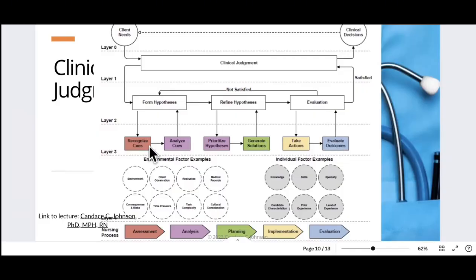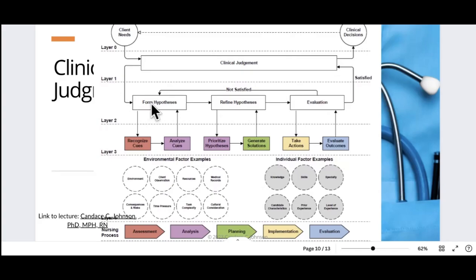But that said, case studies are what this whole clinical judgment model is about. I want you to become good at them, but it really helps to understand what the model is going for. With the 8 client need areas we were talking about, today's client need area is management of care. You're going to make a clinical decision based on your clinical judgment, and you have to satisfy these criteria.